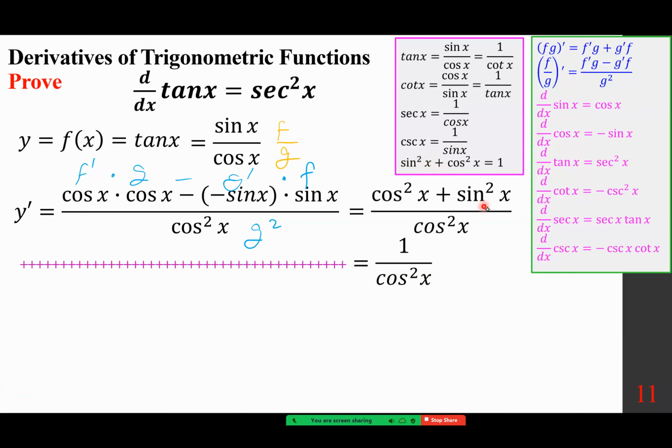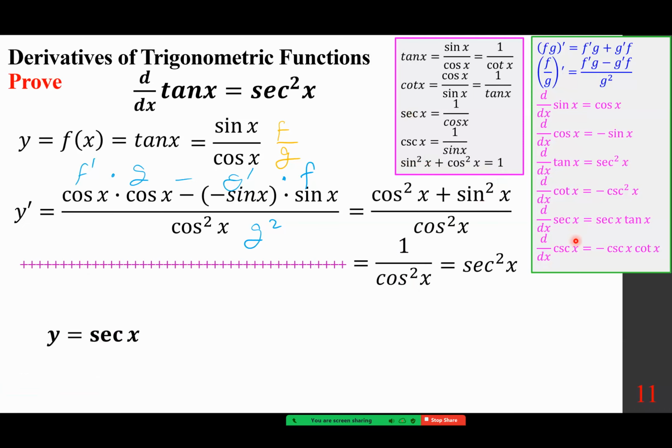And 1 over cosine is secant, so 1 over cosine squared is secant squared x, and that's a proof that the derivative of tangent is secant squared. We just proved that. I highly recommend you try at least 2 of these using the quotient rule.